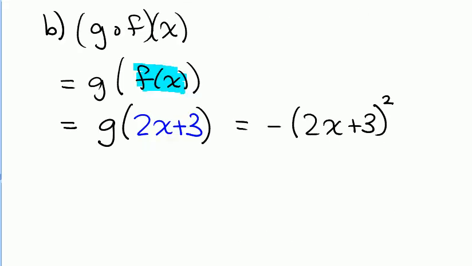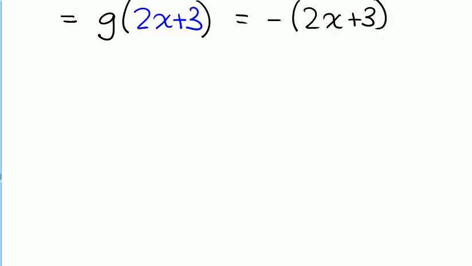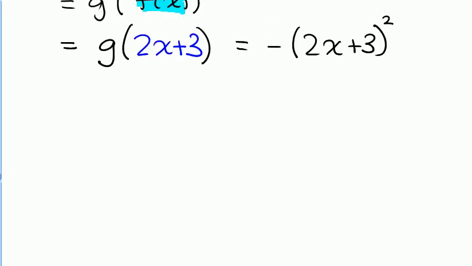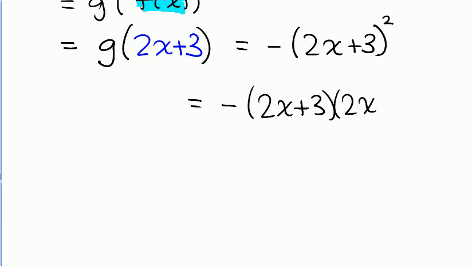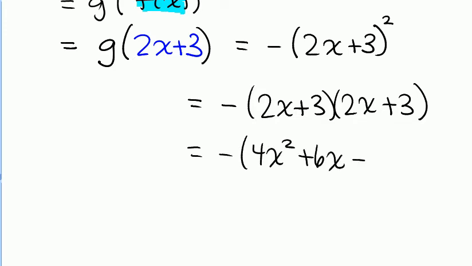Since 2x plus 3 is a binomial, you have to FOIL to square it. So this means 2x plus 3 times 2x plus 3, which is 4x squared plus 6x plus 6x plus 9.